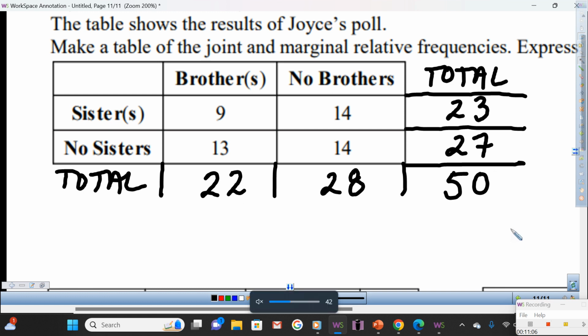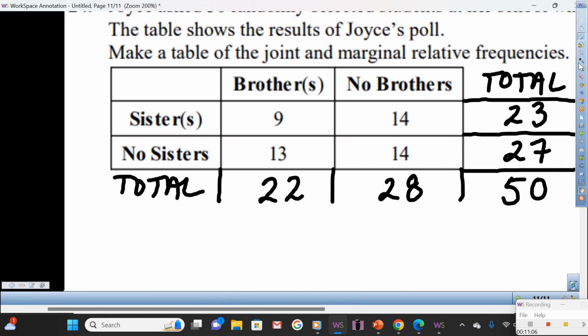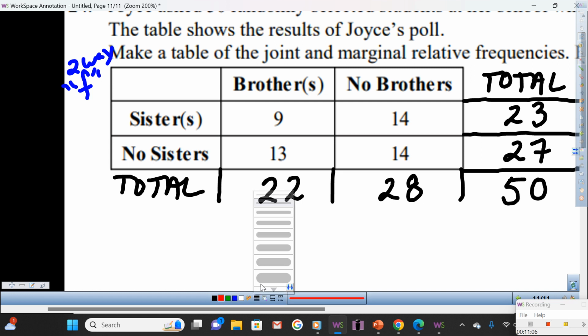All right. So far, so good. But this is called a two-way frequency table. But what are they talking about when they're talking about relative frequencies?